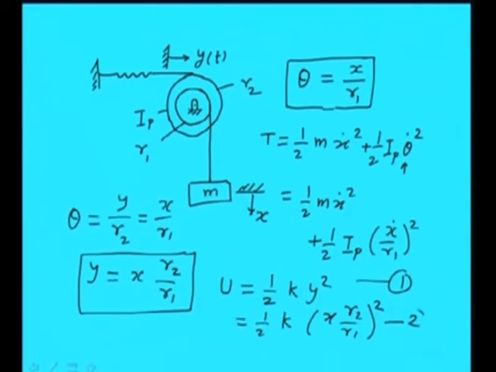So this is the second equation. First one is the kinetic energy, second is the potential energy. Now we have both the energies, we can sum them up, and if we take the differentiation of this, we will get, let us say, first we are writing this, which is constant.